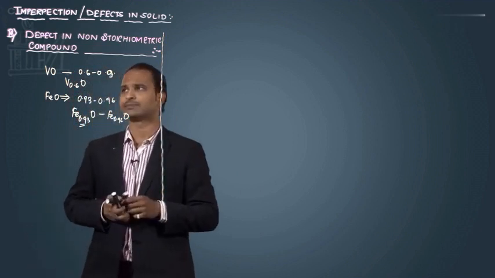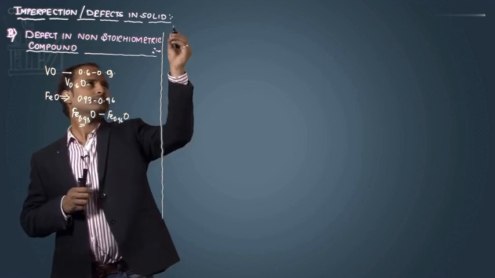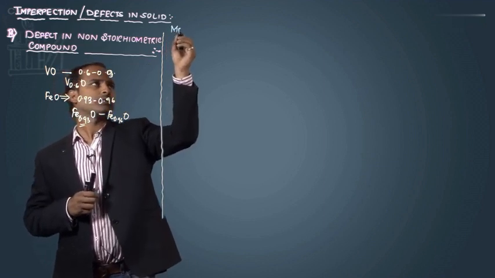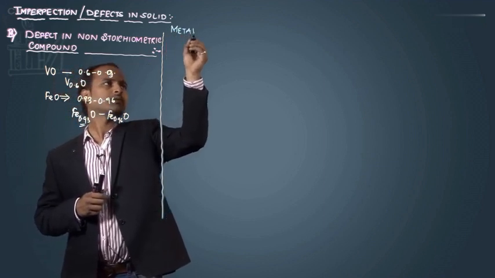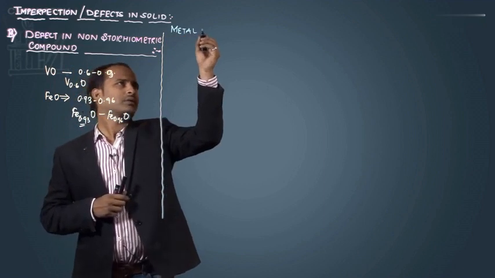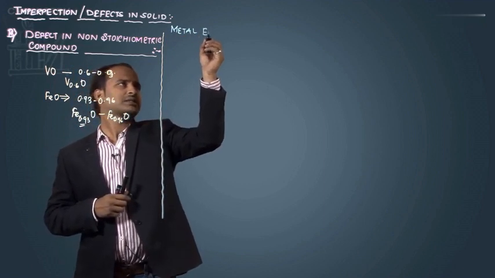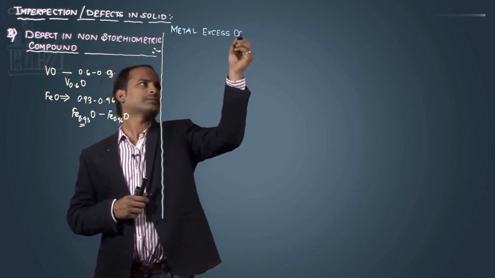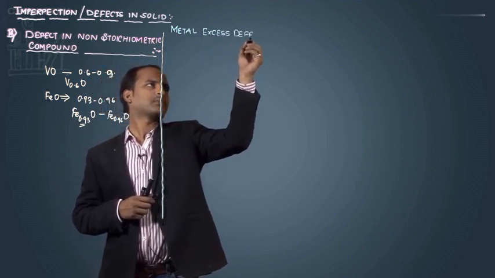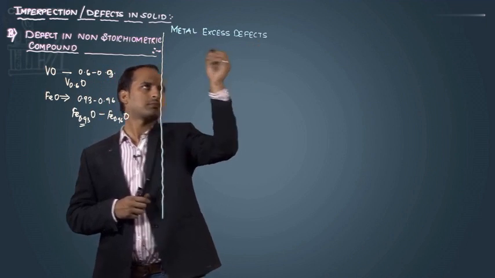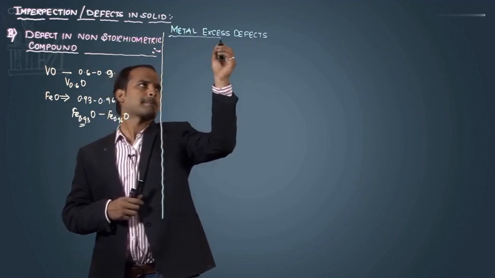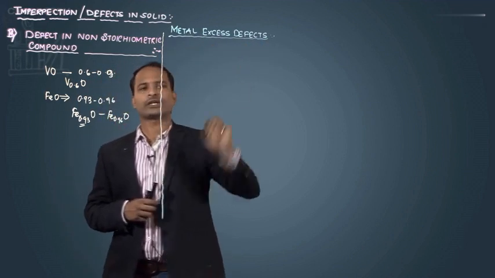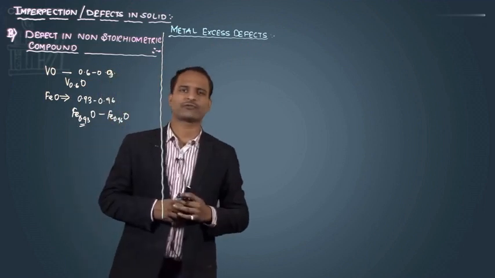That is metal excess defects. In the case of metal excess defects, again we have two types.